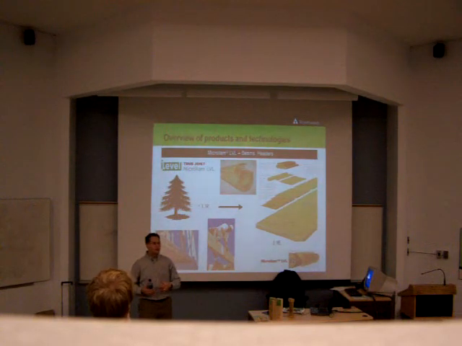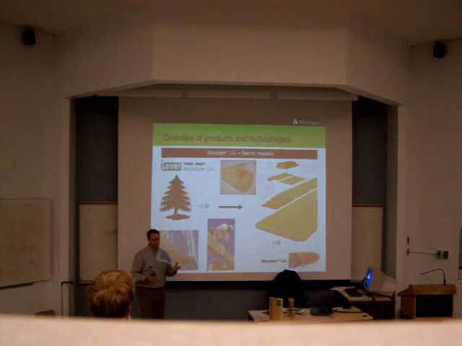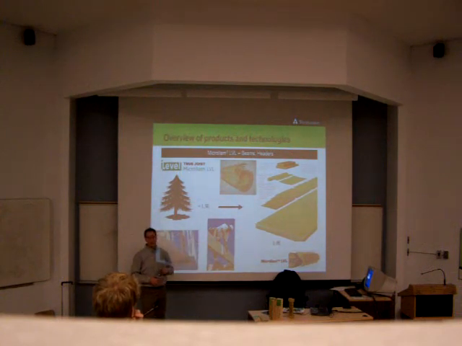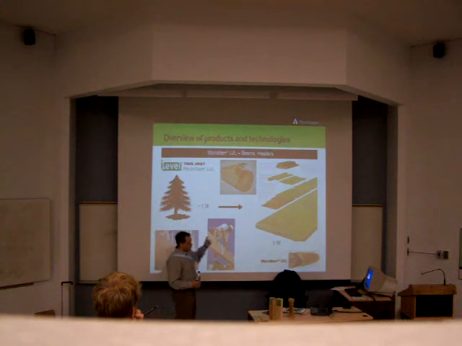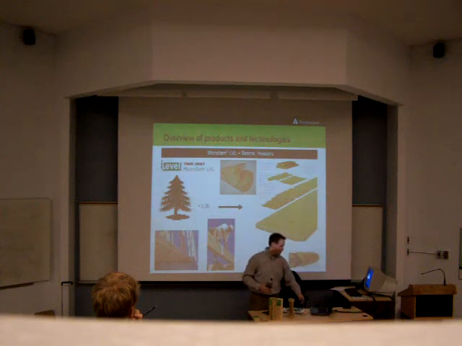You see those 3x3 mini ties sometimes at your local hardware store. So that's where that stuff comes from. Okay. So there's less of the tree that goes right back into the product. Okay.